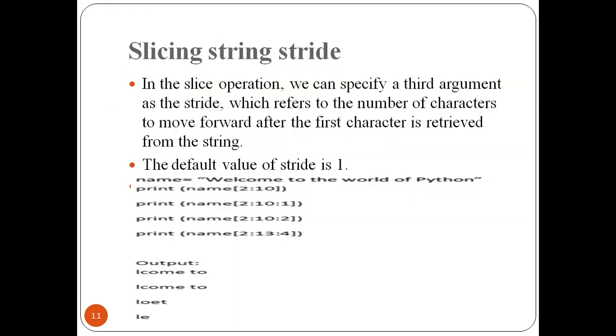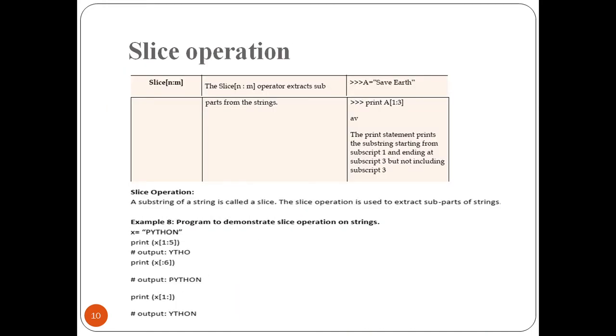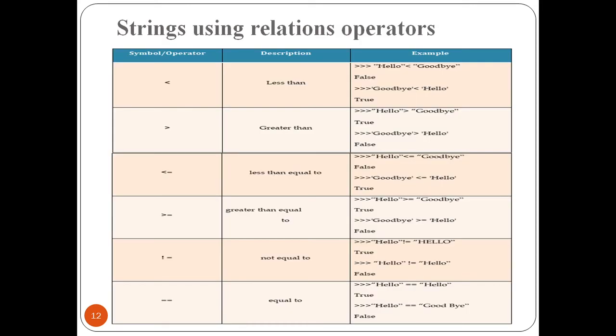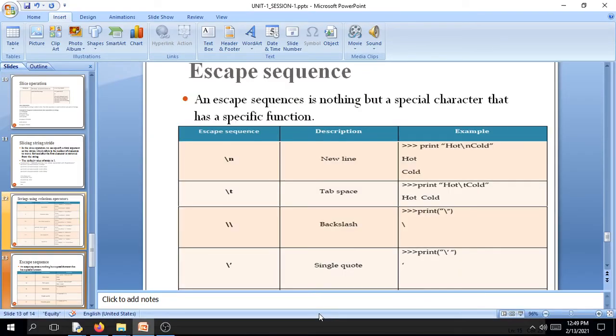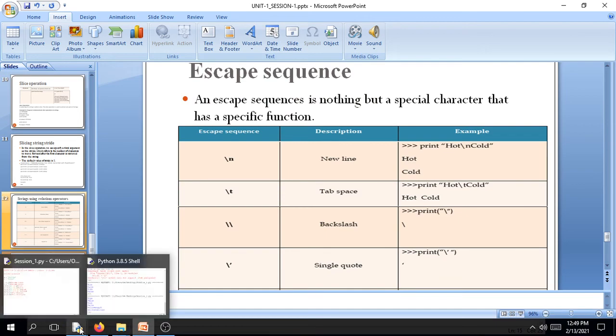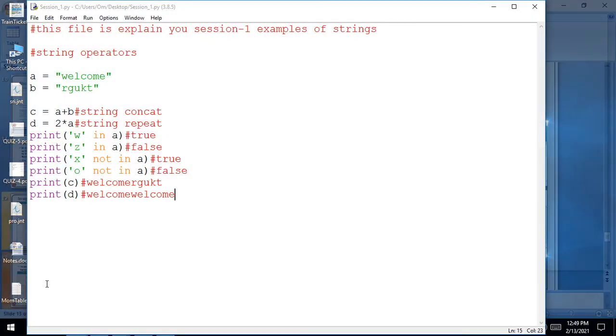So now what I will do, I will first go to the string slice, and then I will go to the string relation operators, and then I will go to the escape sequences. So string slice.